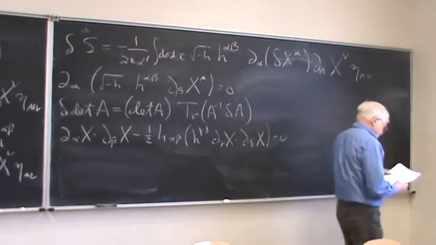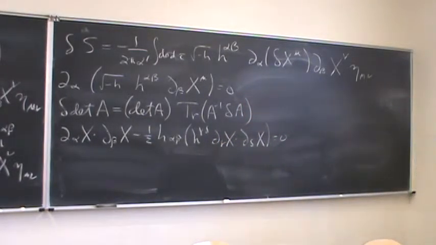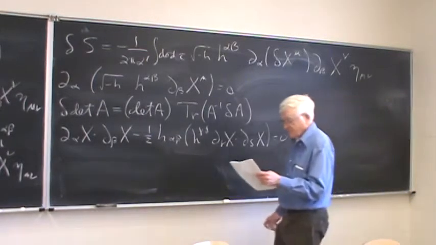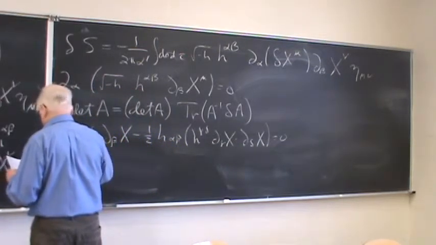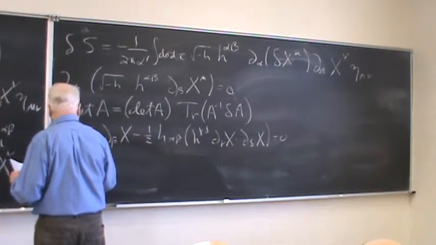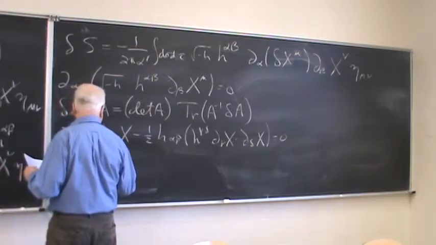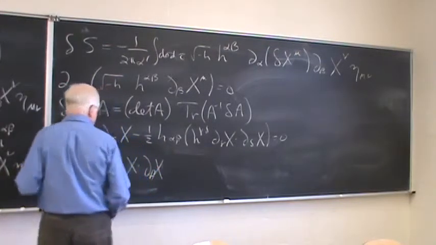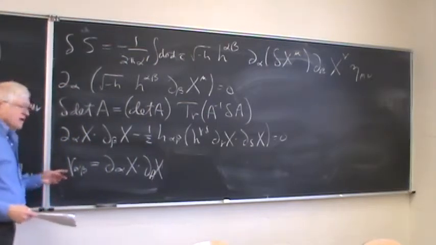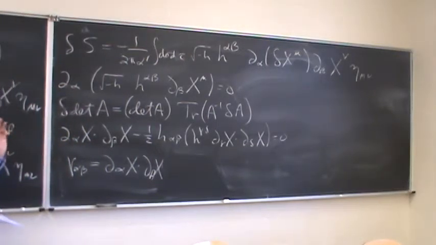That looks sort of complicated, but we can define gamma alpha beta as d alpha x dot d beta x. And this is one of the things that occurs in the Nambu-Goto action.